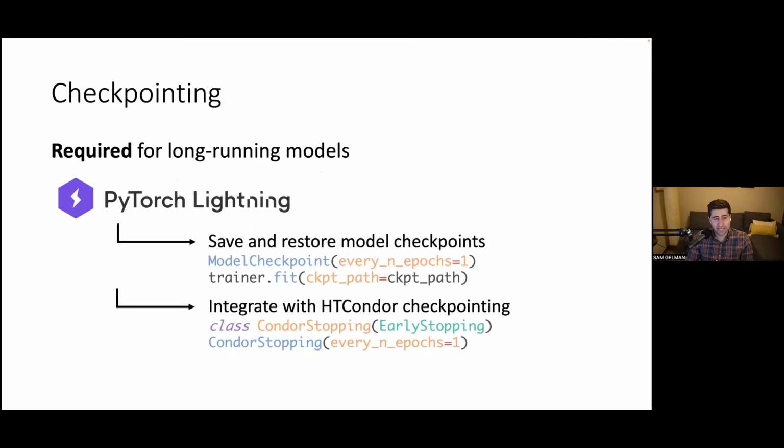Moving on to checkpointing, checkpointing is basically required for long-running models because a lot can happen when you're training a model for a couple weeks. You could hit runtime limits, you could get evicted, or your job could just crash. And when that happens, you don't want to lose the training progress, right?